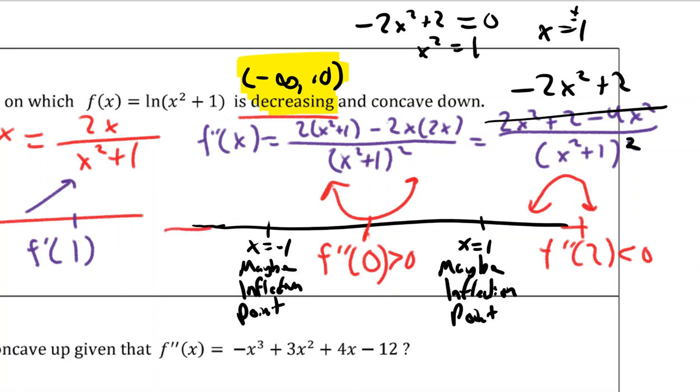And okay, so does that make x equals 1 an inflection point or not? Yes. Okay. So I can cross off the word maybe now. I can see that the concavity changed. Over here, I could test maybe negative 2 into the second derivative. So that would be negative over positive, which would be negative, or concave down.